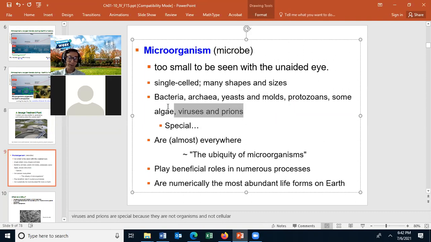All of the other organisms that we talked about have cells, and they are, at least the ones that we're listing here, microorganisms. Okay? Viruses and prions are microbes, and they are special because they do not have cells. Any question about any of that?